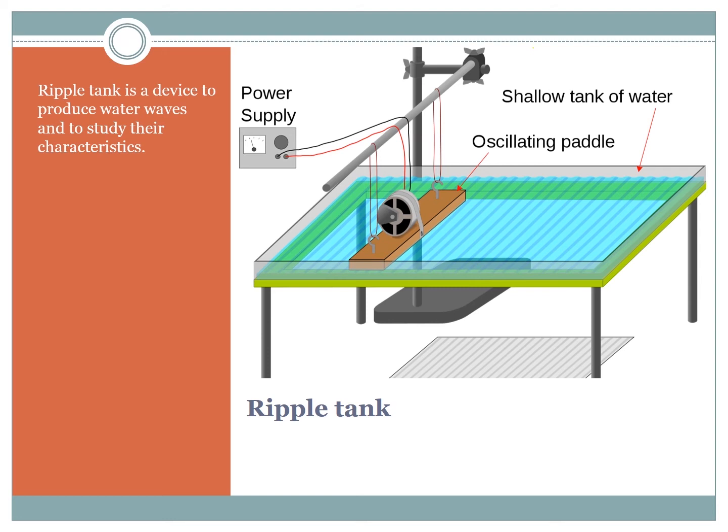An electric bulb is hung over the tray to observe the image of the water waves on the screen. The crests and troughs of the water waves appear as bright and dark lines on the screen, where bright lines show the crest and dark lines show the trough of a wave.